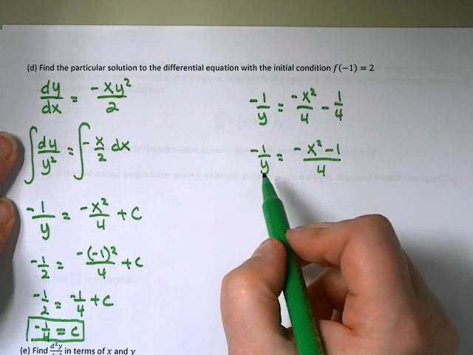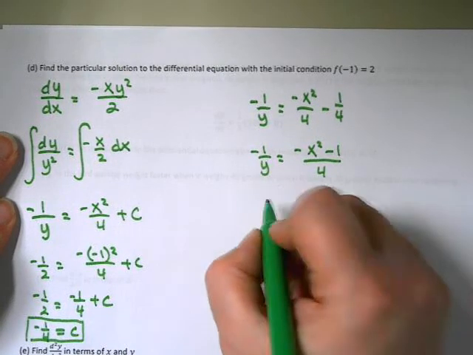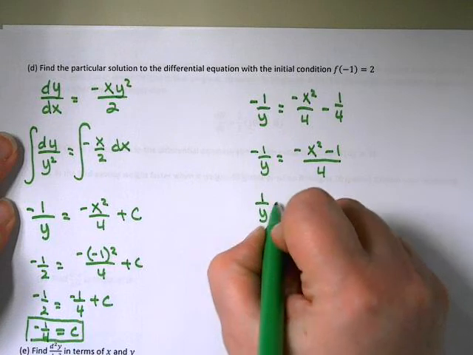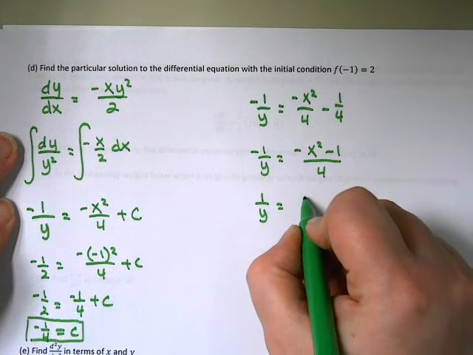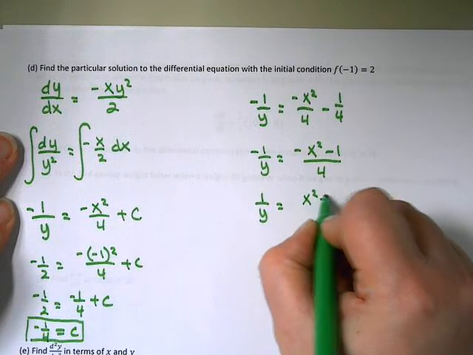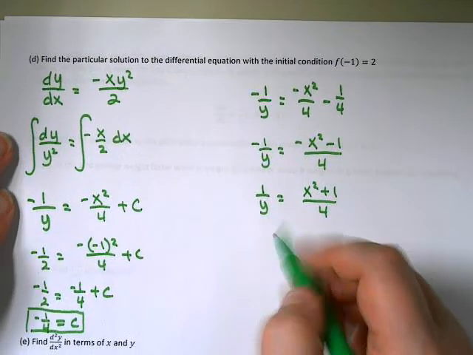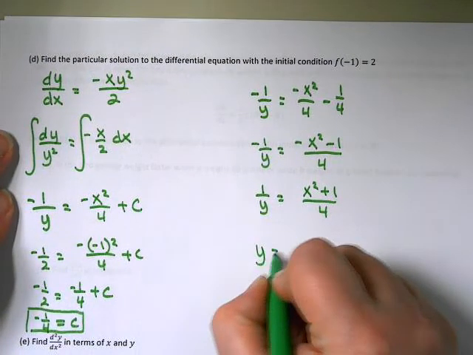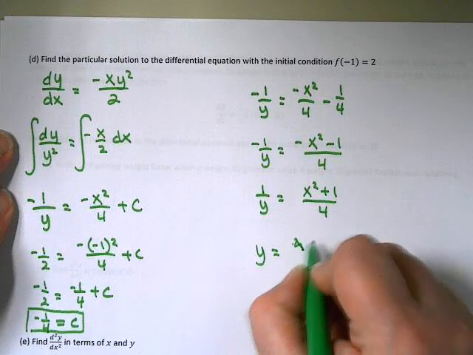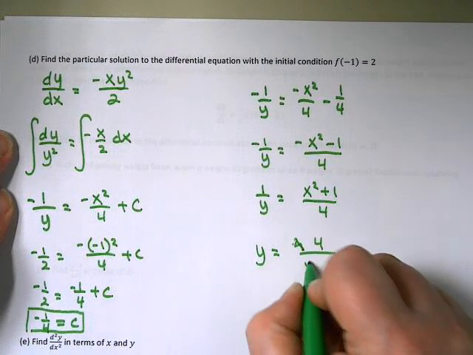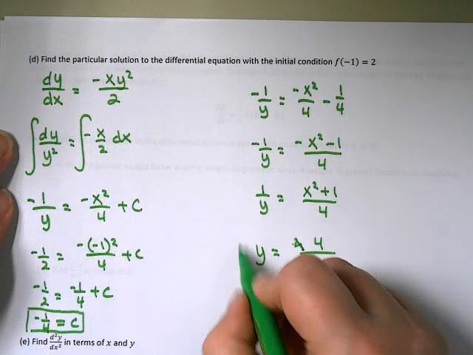I'm going to get rid of the negative sign by multiplying both sides by negative 1. So 1 over y is equal to x squared plus 1 over 4. And now I can just take the reciprocal of both sides, and I get that y is equal to 4 over x squared plus 1.